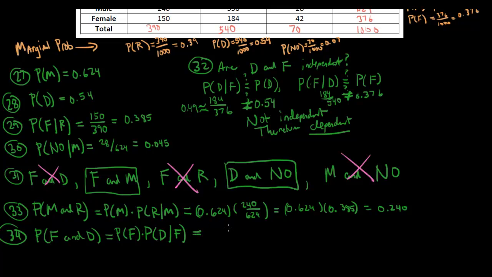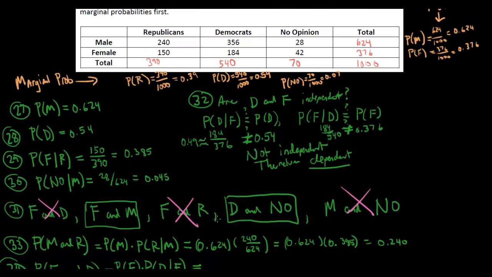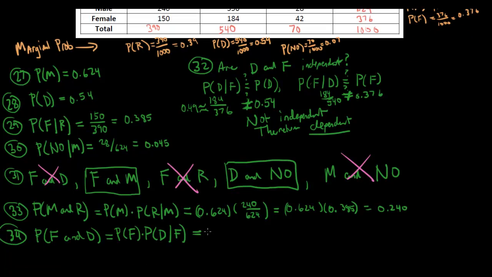Now, we might have already calculated all these things. The probability of being female is 0.376. That's just a marginal probability. Now, the probability of Democrat given female, we've already calculated. It's right here. Democrat given female was 184 over 376. We found, if we round to 3 decimal places, 0.489.